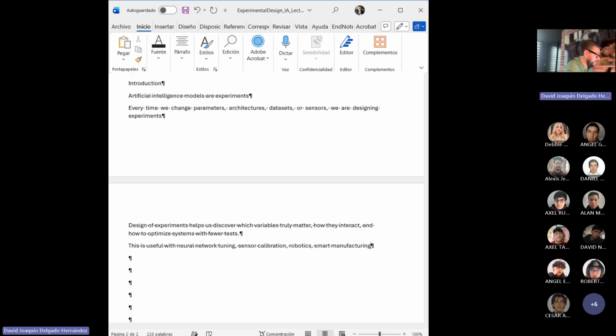There are so many different applications, autonomous systems, and so on. So the idea here is to recognize that in artificial intelligence, every time that we carry out an experiment, we modify something and we have a new result. That is very important information in order to improve our models.